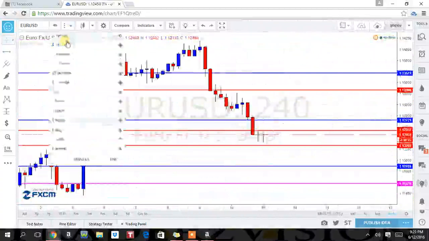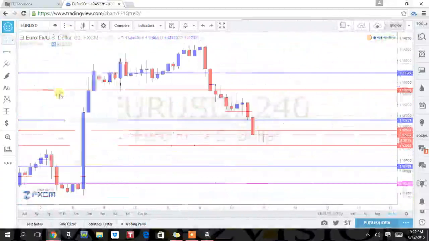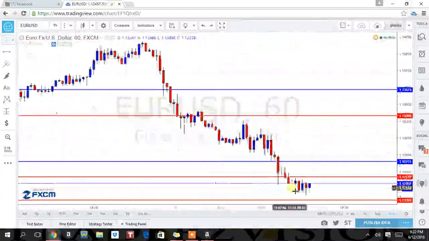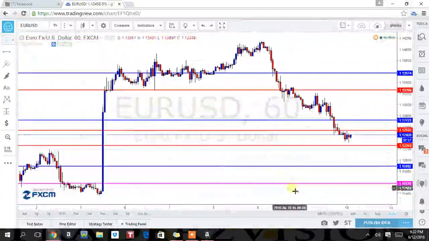Let's check it out. Yep. Once you have your support resistance zones, now you have a much better outlook on what's gonna happen.